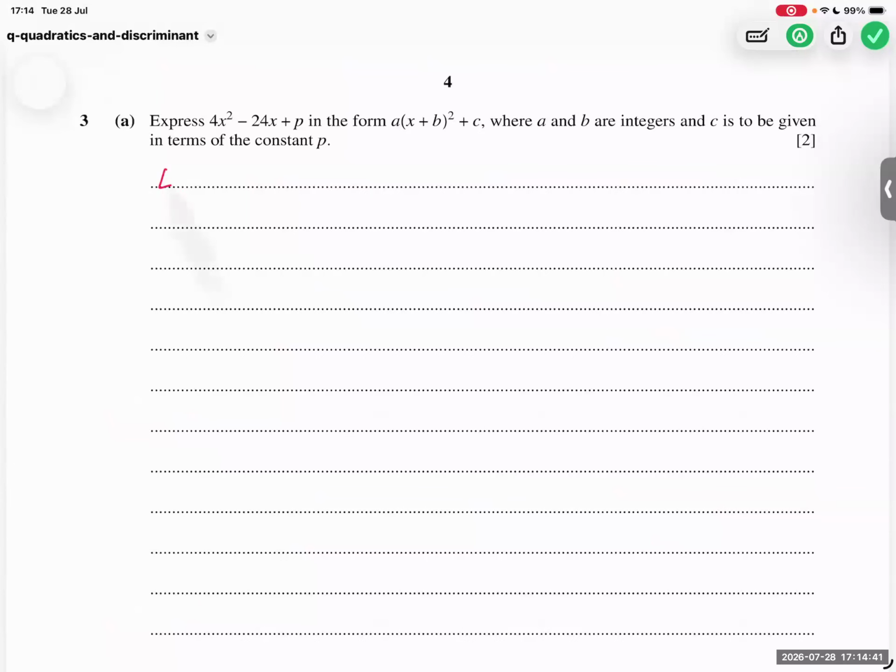So now we have 4x squared minus 24x plus p. That can be written as a into x plus b whole square plus c. Now let's try it using the other method. So you can take 4 common from here.